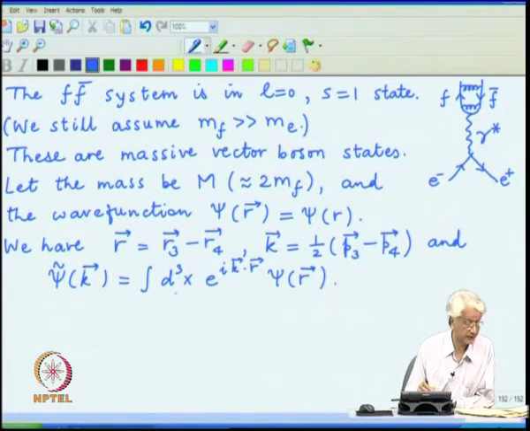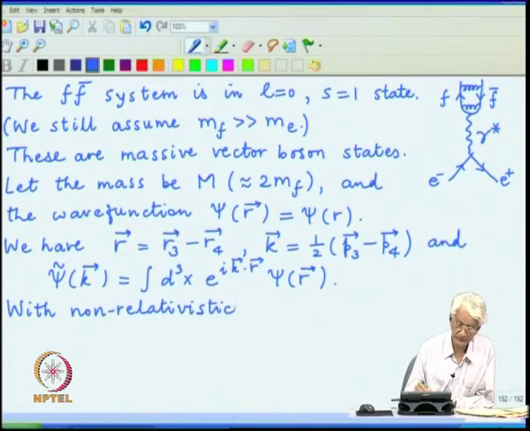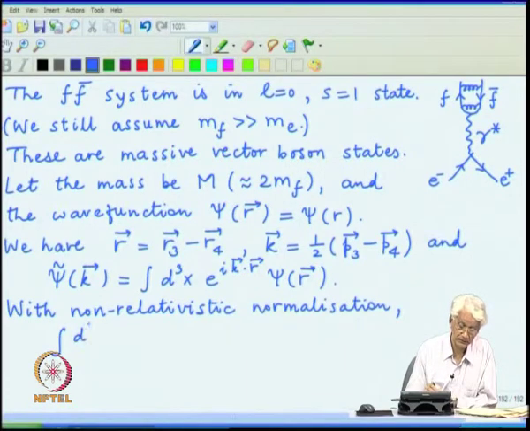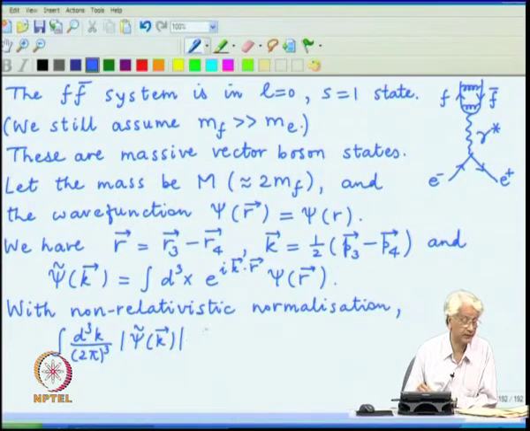What we also need to calculate explicit numbers is a particular convention for normalization, and here we will choose the non-relativistic normalization convention for this wave function, which is that mod psi square integrated over the whole space gives 1.